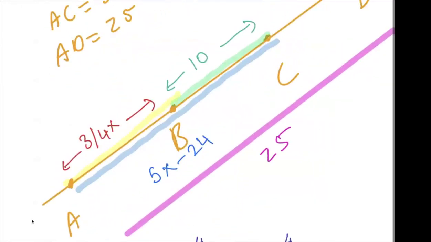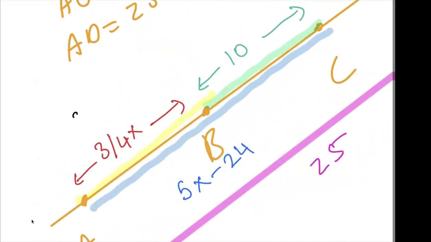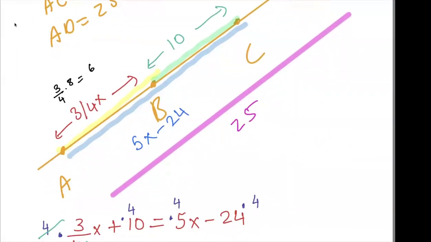After you get your x value right, let's start plugging in. 3/4 times 8 is 6. And now 5 times 8, 40, minus 24 is how much? 16.